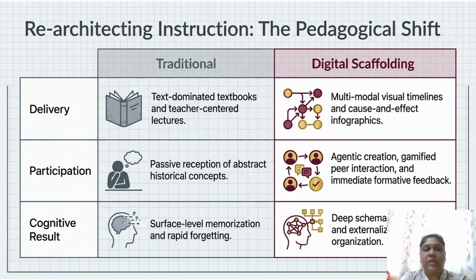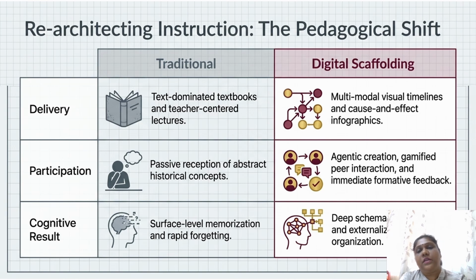The second one is participation. Students are mostly passive, and historical concepts are abstract, so they don't get 100% of the historical topics.